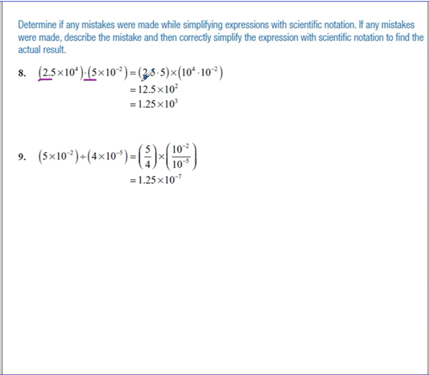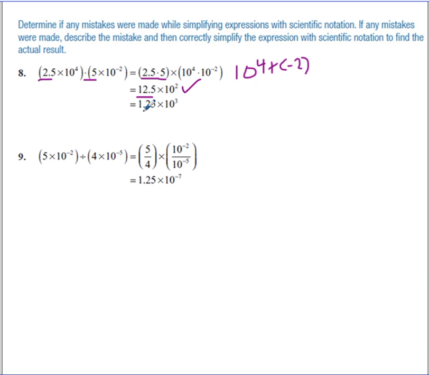They get multiplied in the multiplication problem, so 2.5 times 5, and that gives us 12.5. And then when we have multiplication with our exponents, we're adding them. So I wish they would have written this as 10 to the 4 plus -2. And when we add those, we do get 2. So that checks.